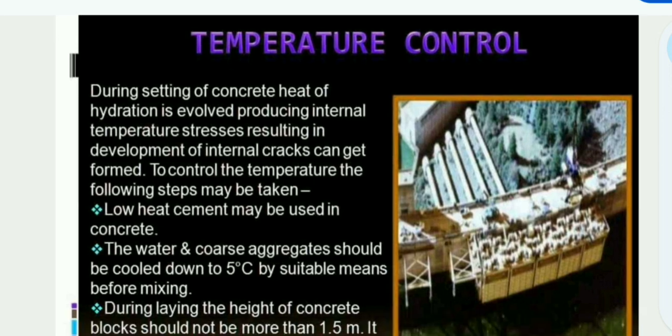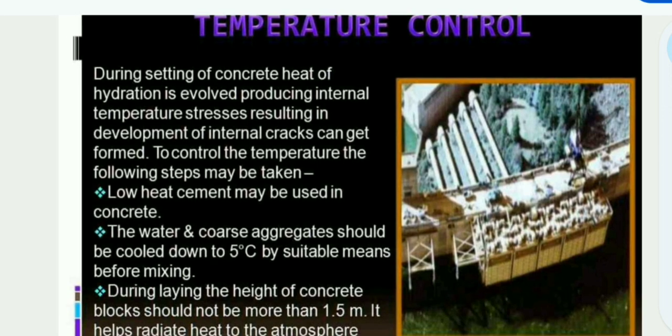Temperature control. During setting of concrete, heat of hydration is evolved, producing internal temperature stress, and internal cracks can get formed. To control the temperature, the following steps may be taken. Low heat cement may be used in concrete.